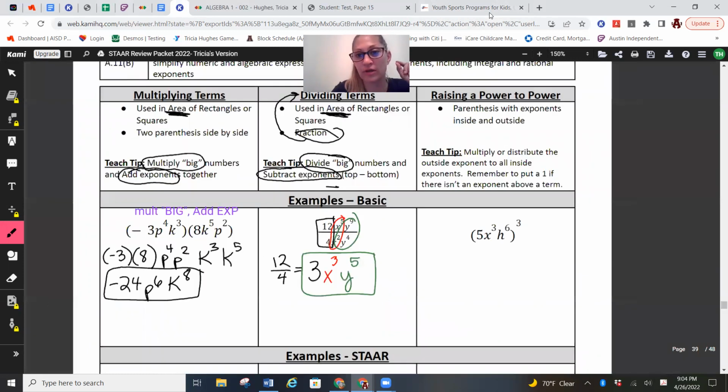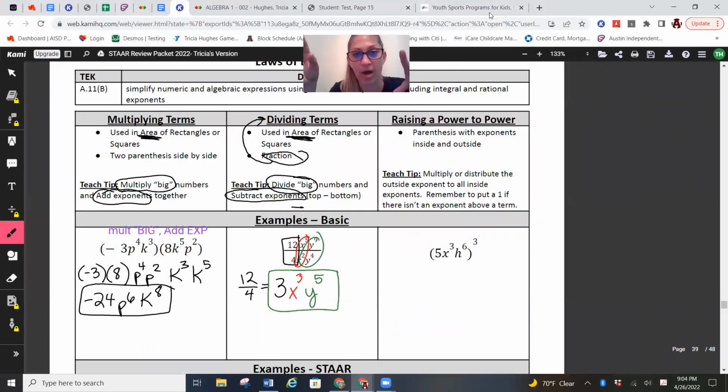And our third most common problem on the STAAR is raising a power to a power. The parentheses with an exponent inside and outside. Your teach tip is to multiply or distribute the outside exponent to all inside exponents.